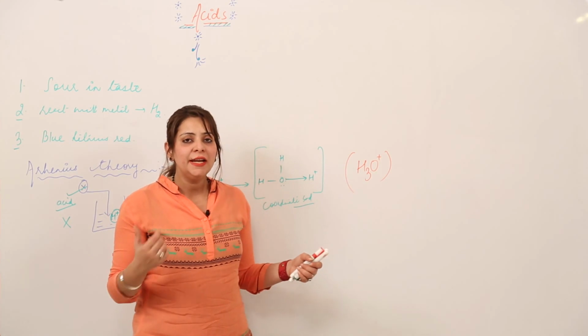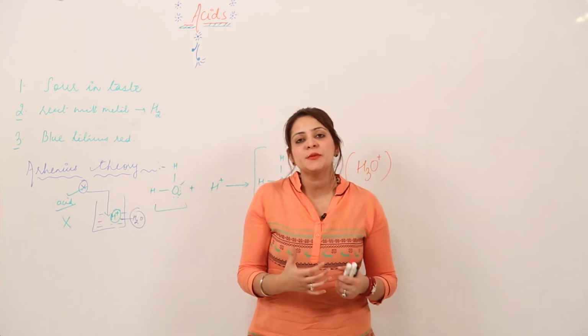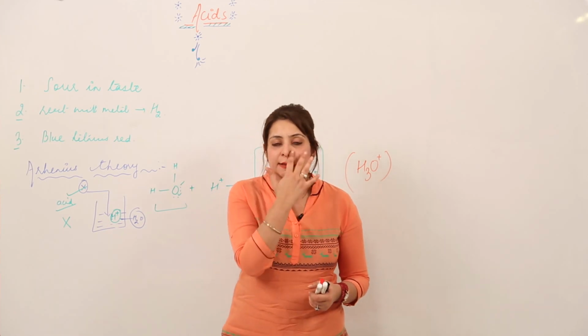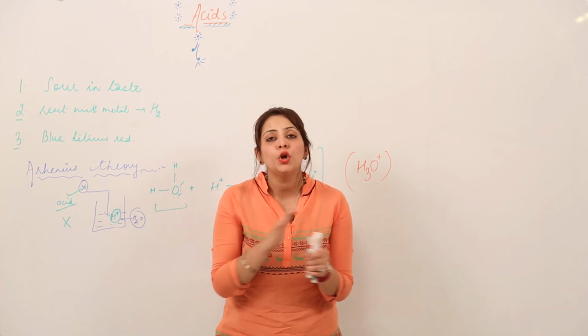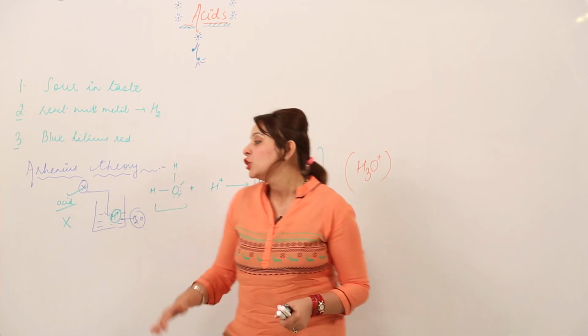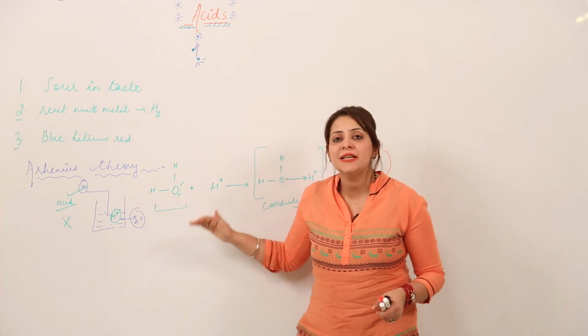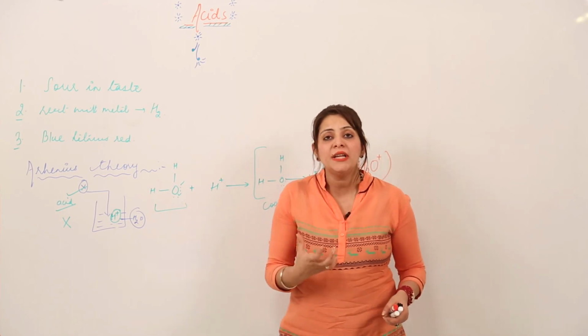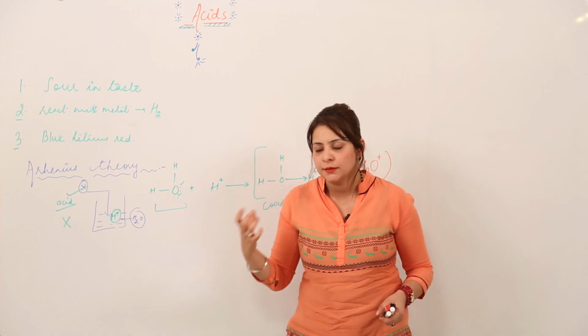So how will you state it? When any substance is dissolved in water, if it gives the hydronium ion, then it is regarded as an acid, and if it does not produce hydronium ion, then it is not regarded as an acid, right. So this is the Arrhenius theory for an acid, or you can say the theory which shows that a substance exists as an acid.